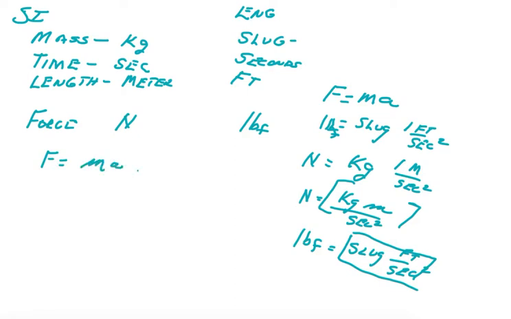The acceleration of gravity on the surface of the Earth is 9.806 meters per second squared, and in the English units, this is 32.174 feet per second squared.